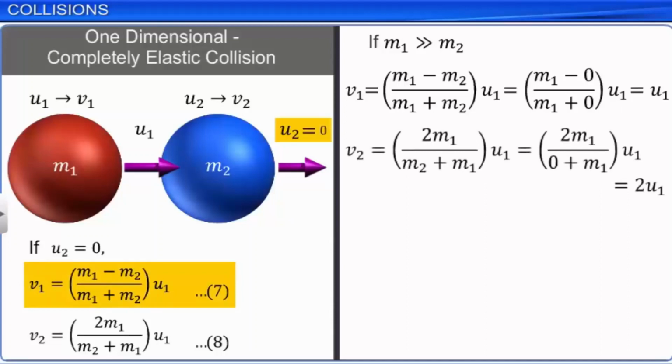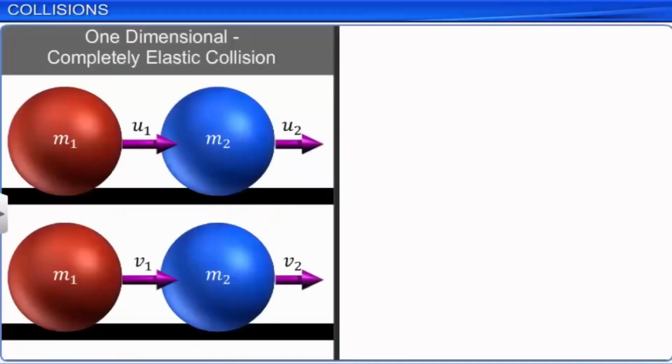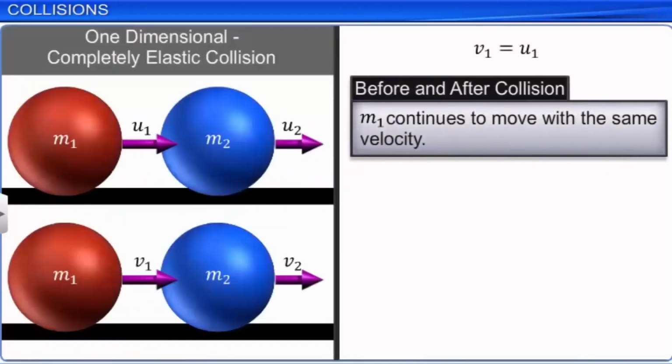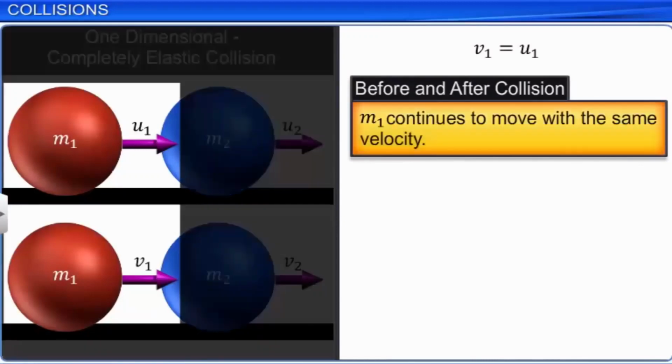Therefore, in such a case, we see that m1 continues to move with the same velocity as it had before the collision, whereas m2 now acquires double the initial velocity of that of m1.